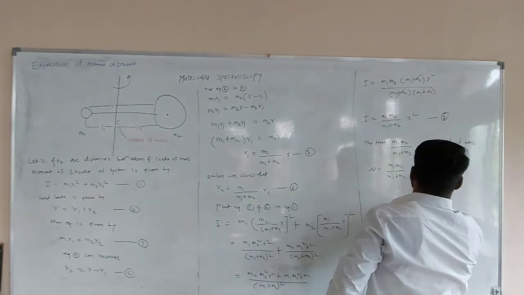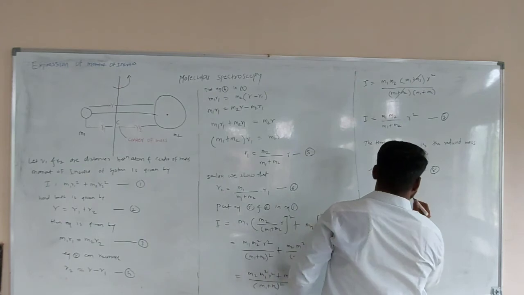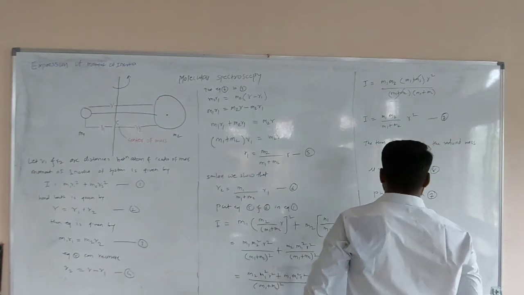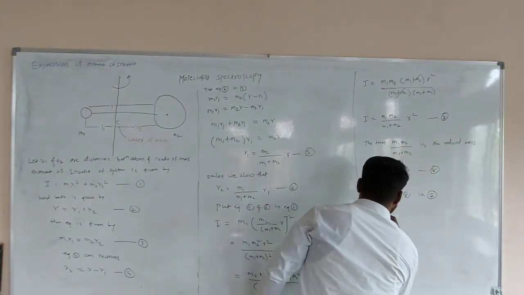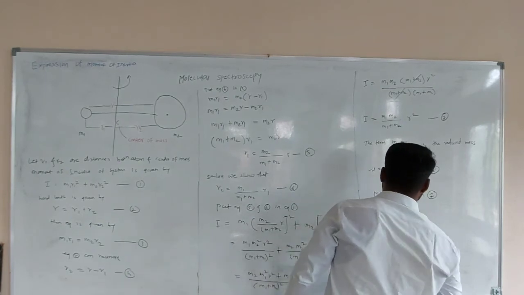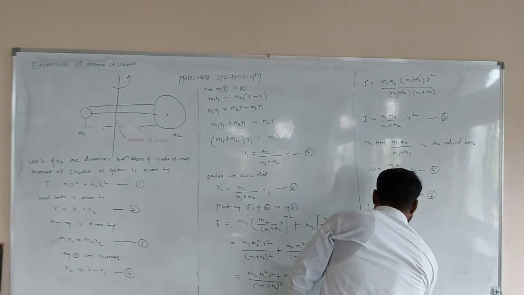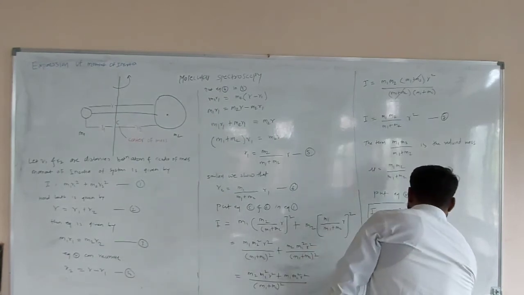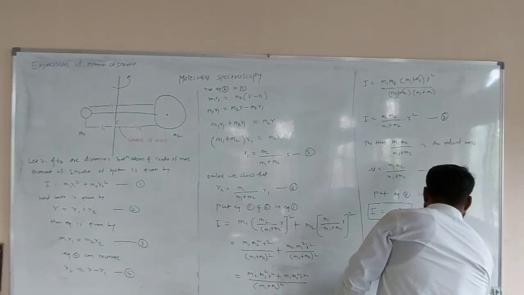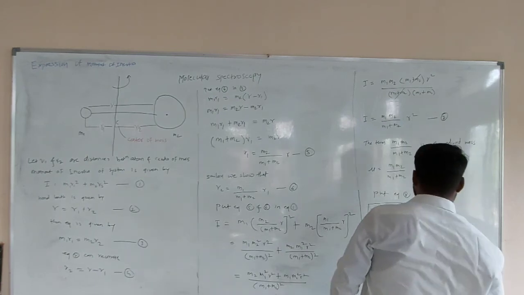This is equation number 8. Put equation number 8 in 7, then I is equal to mu R square, where mu is the reduced mass of the molecule.